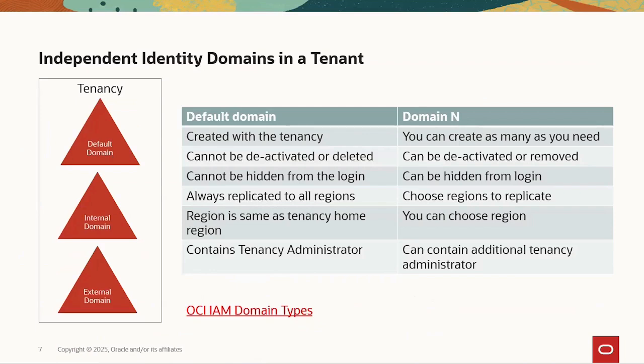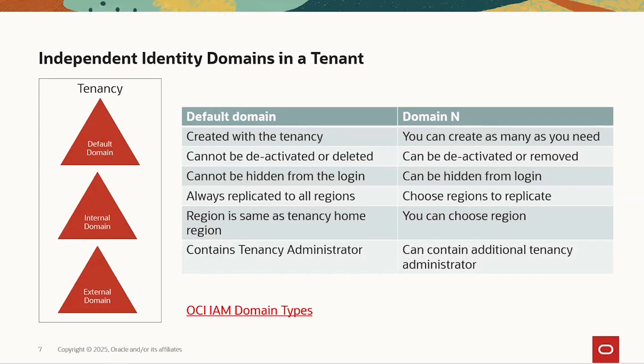And this domain would have an administrators group. When you assign any user to this administrators group, the administrator would have access to the entire tenancy, to all the services. When you have different sets of users like internal or external, you can go ahead and create multiple domains, and then you would be able to segregate your internal users and external users.